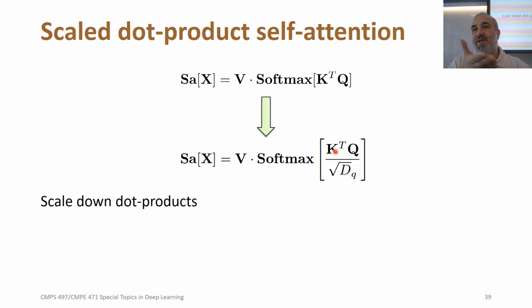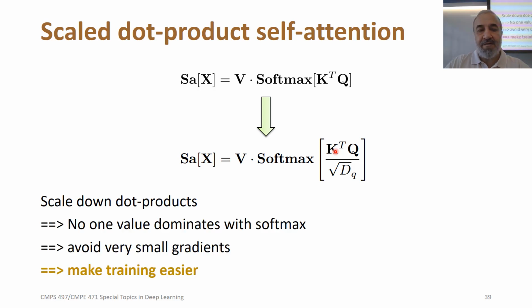That means most of the values after the softmax will be zeros, which means we will have very small gradients. You remember backpropagation? Backpropagation is a multiplication of values. If these values are very small, then the gradients will be very small, which will make the training very slow.